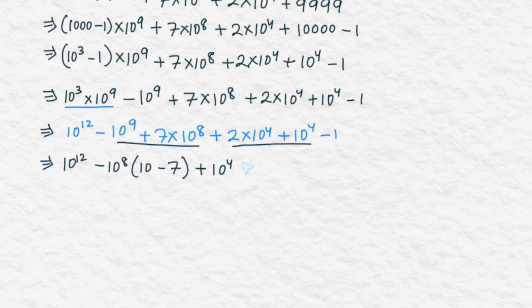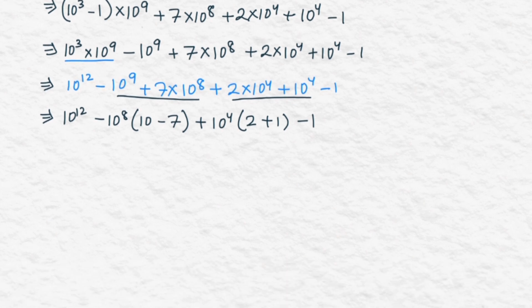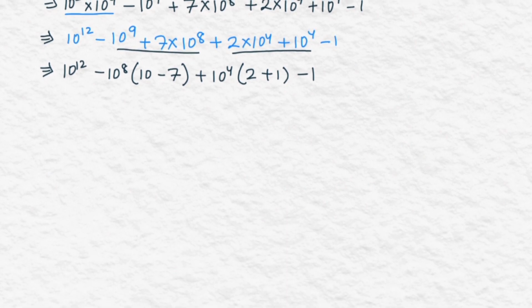So after taking 10 to the power 4 common, we are left with 2 plus 1, and this minus 1. Now we'll solve further. 10 minus 7 is 3 into 10 to the power 8, and this will also result 3, therefore plus 3 into 10 to the power 4 minus 1.